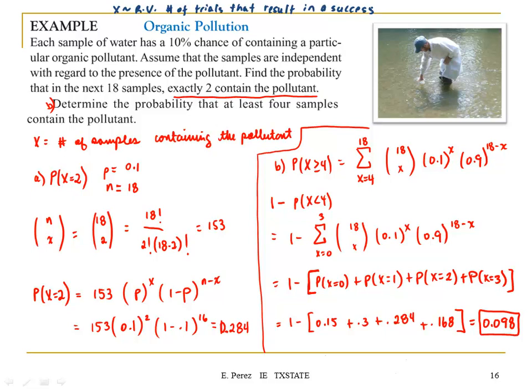Every time that you see a problem with such a random variable, then you know that you can use the binomial distribution to compute the probability. Okay, so if you can describe the random variable in such a way, then you know that you're dealing with a Bernoulli trial, and you can use the binomial distribution to compute a probability. Okay? So this is for the first example.